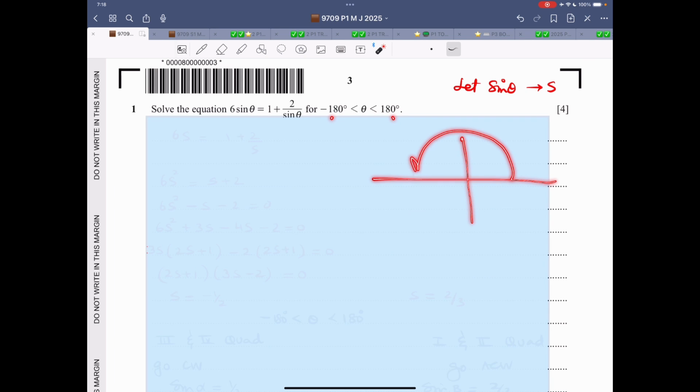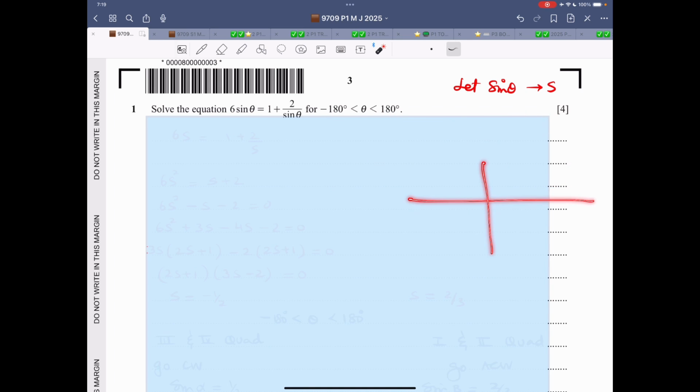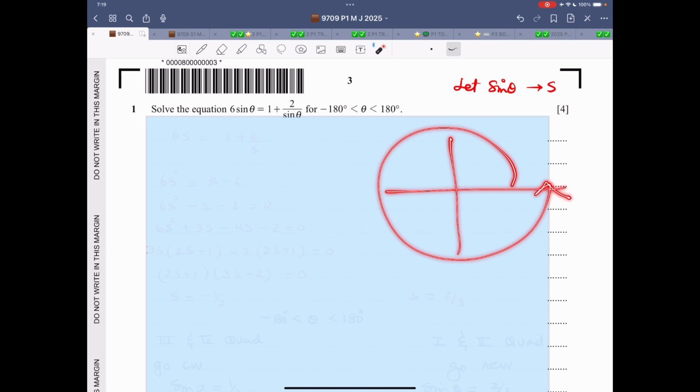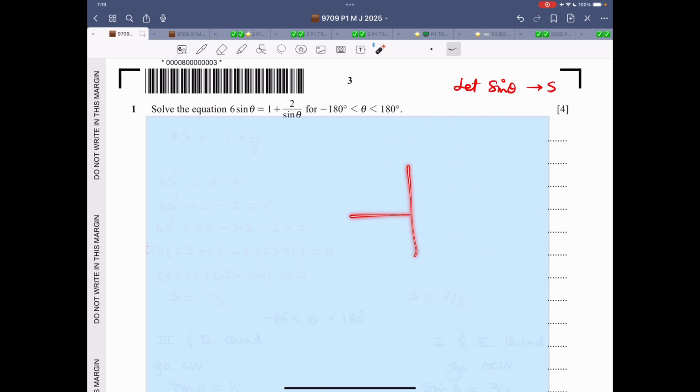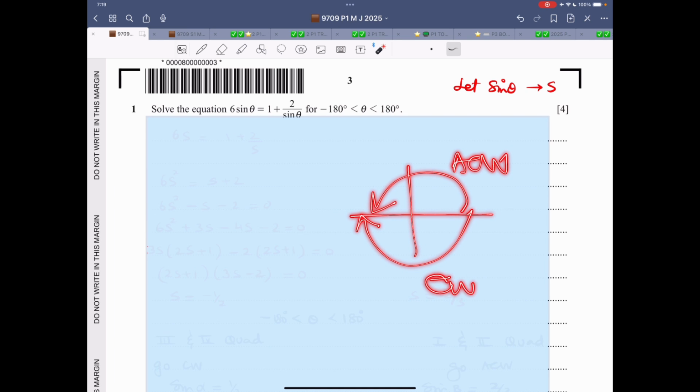That means if you go in anti-clockwise direction, that is from 0 degrees to 180 degrees, and if you go in clockwise direction, that is from 0 degrees to negative 180 degrees, so basically you are covering all four quadrants. But instead of 0 till 360, it is 0 till 180 anti-clockwise and 0 till negative 180 clockwise.